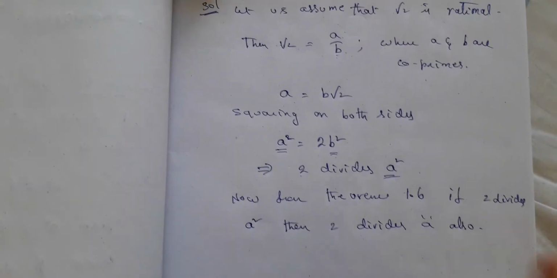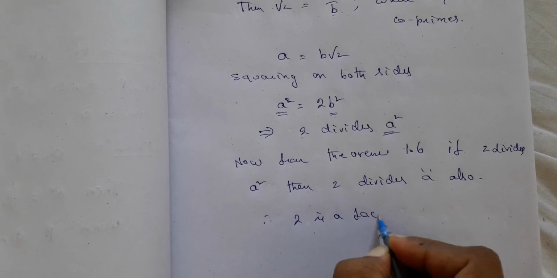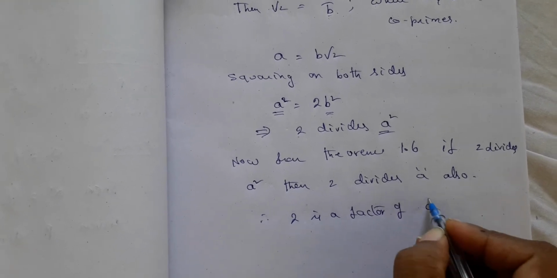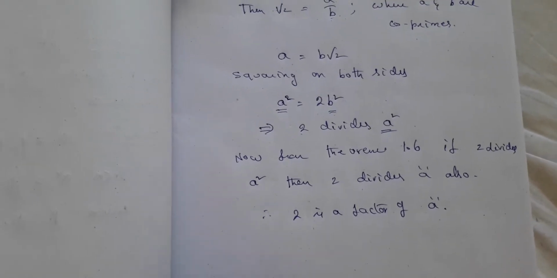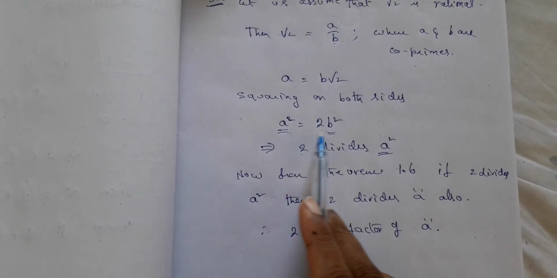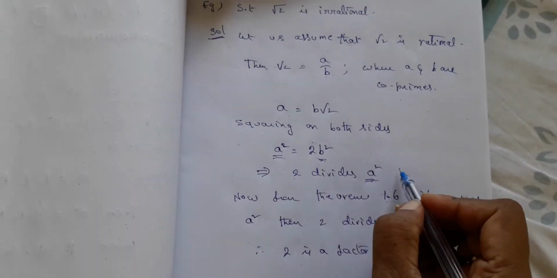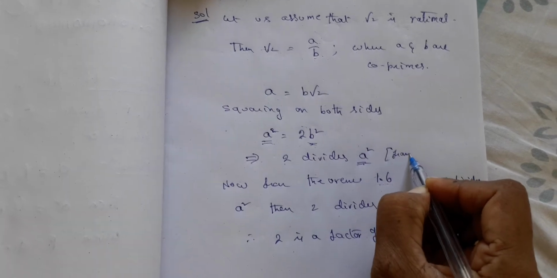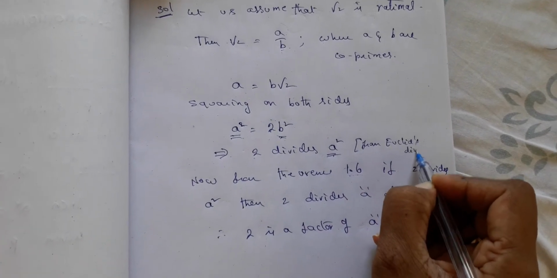Therefore 2 is a factor of a. Very good. From Euclid's division lemma you are able to say that 2 divides a square.